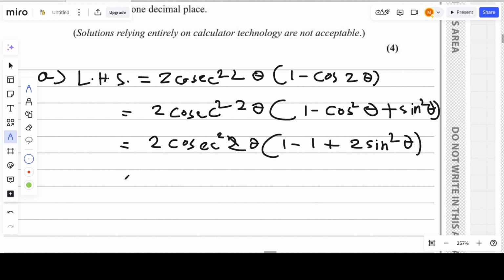Next, what can we do? Now we can start simplifying the cosec squared 2 theta. So cosec squared 2 theta can be written as 1 over sin squared 2 theta, times what? 1 minus 1 cancels out, so you'll get 2 sin squared theta.